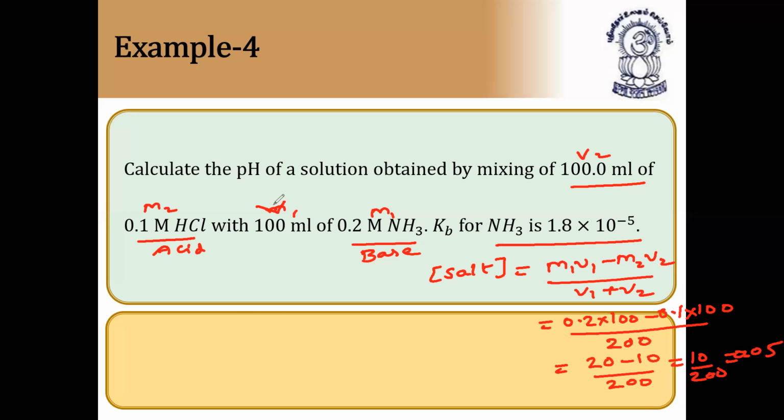Now we can apply the formula. Since this is a basic buffer solution, pOH is equal to pKb plus log of concentration of salt by concentration of base.